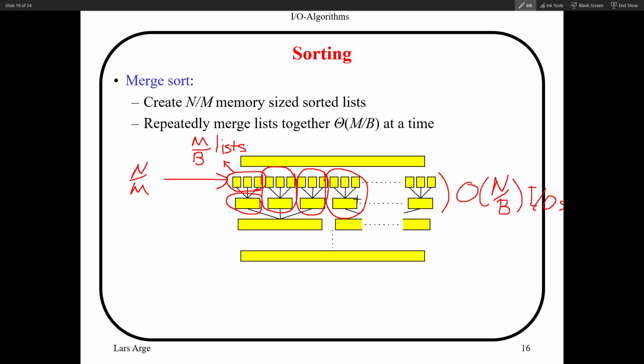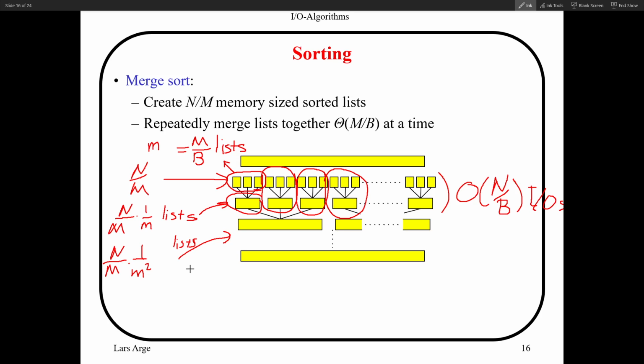The number of lists will go down by the factor M over B, which for simplicity we denote with a small m. So over here I have N divided by M divided by m lists at this point. Again, I grab m of them and merge them into one list. So over here I will have N over M times 1 over m squared lists at this level, and so on.